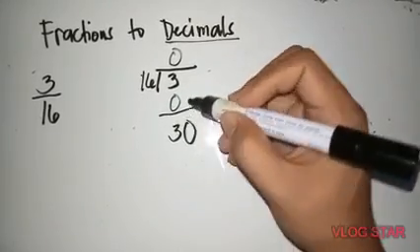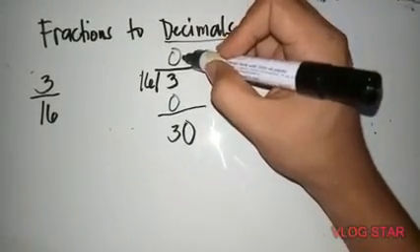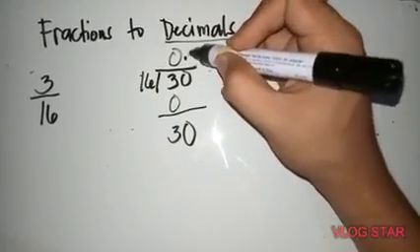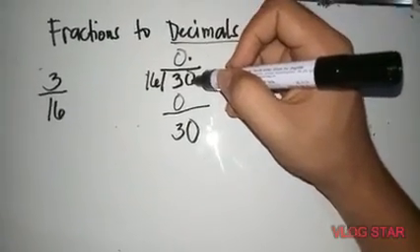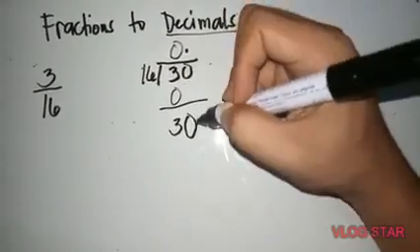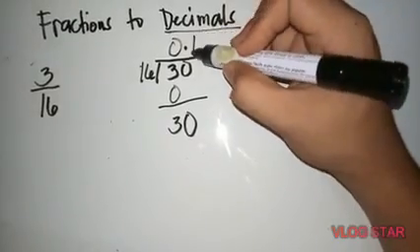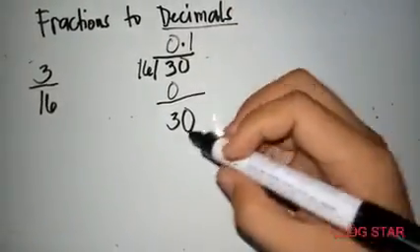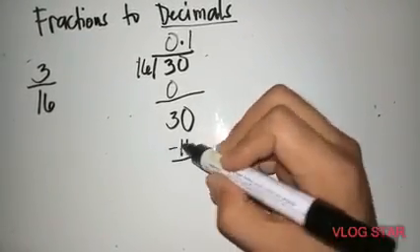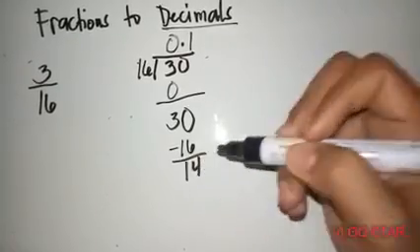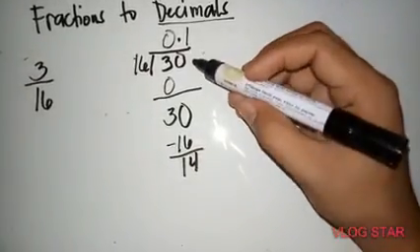Then bring down 0. Then don't forget to write the decimal point because we add another 0. So 30 divided by 16 is 1. 1 times 16 is 16. Then subtract, the answer is 14.